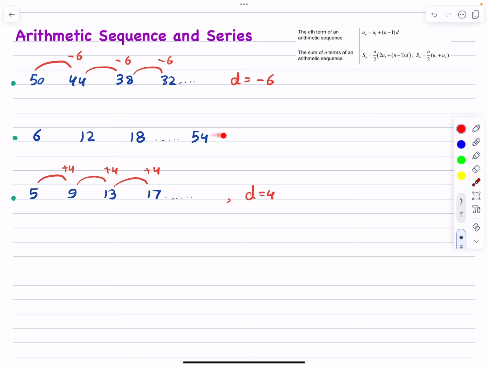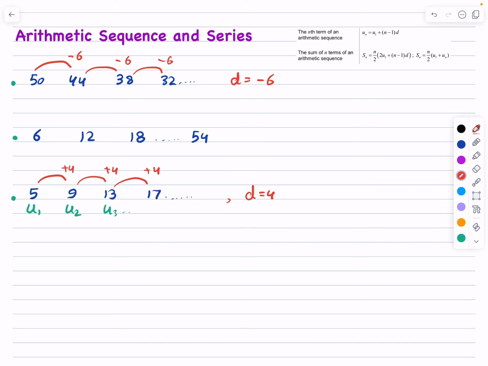It doesn't continue forever after 54. So this is a finite arithmetic sequence, whereas these here are infinite. Now, each number of these is called a term in the arithmetic sequence. So for example, here 5 is the first term, and 9 is the second term, and so on.